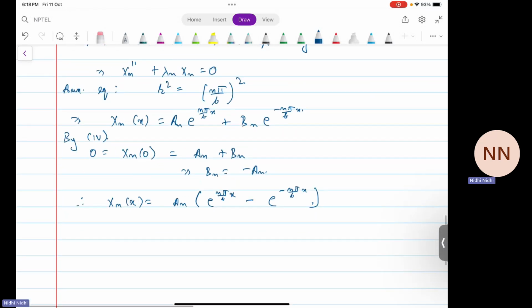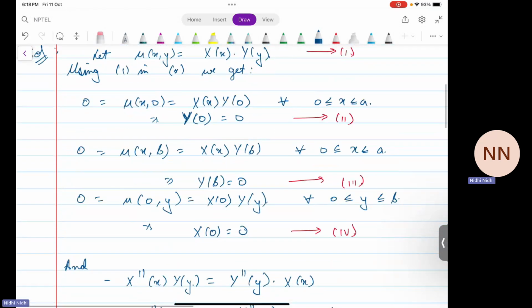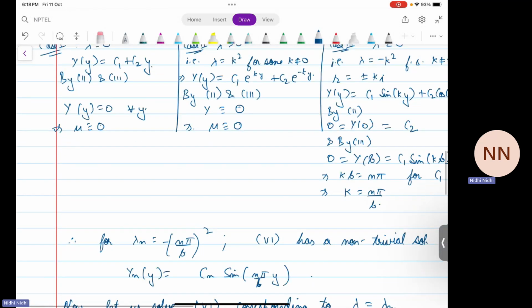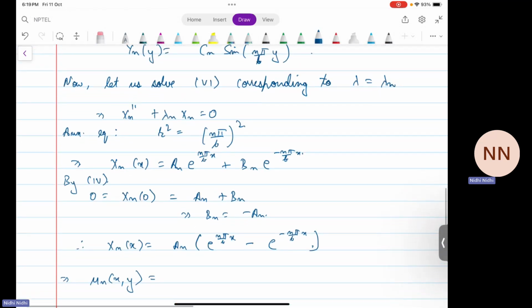So this gives us un x comma y is equal to yn y times xn x, a non-trivial solution of star.